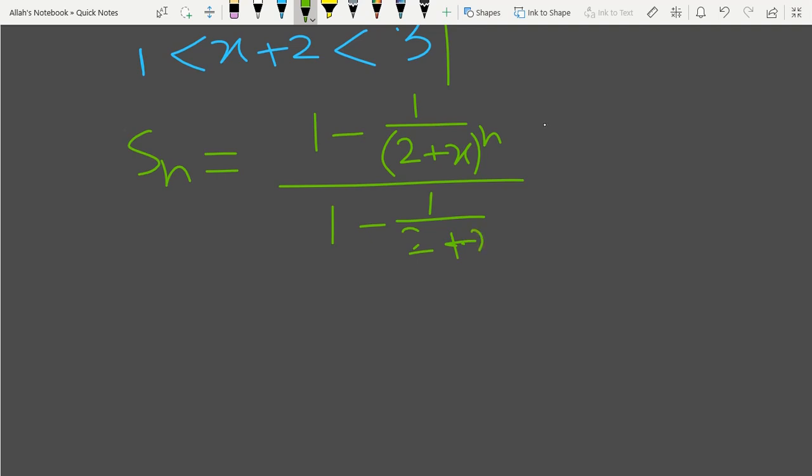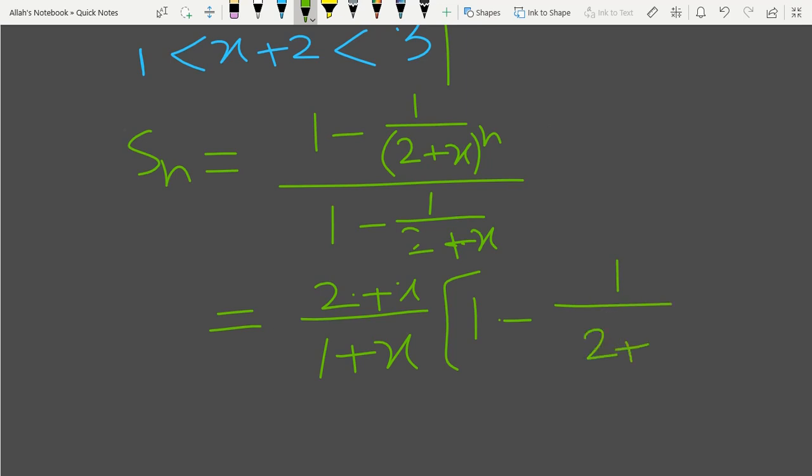Just after simplifying, we get 2 plus x over 1 plus x, into 1 minus 1 over 2 plus x raised to the power n.